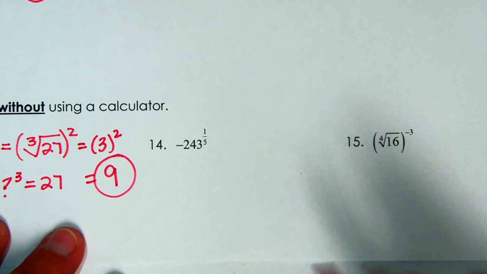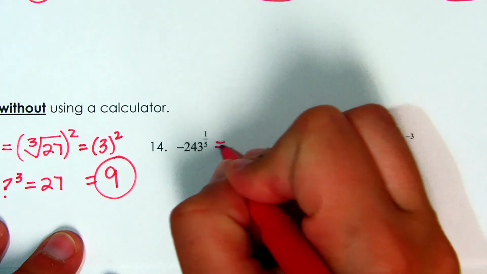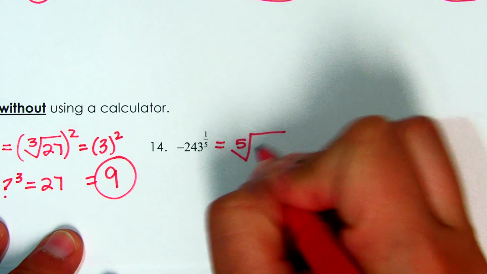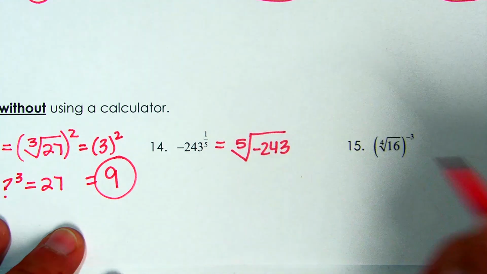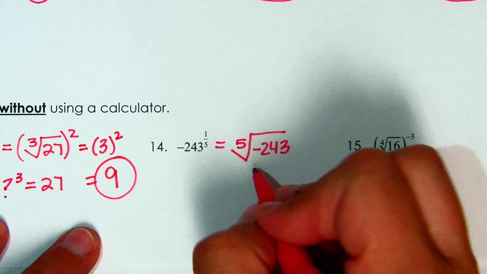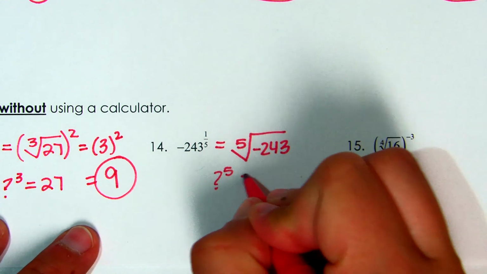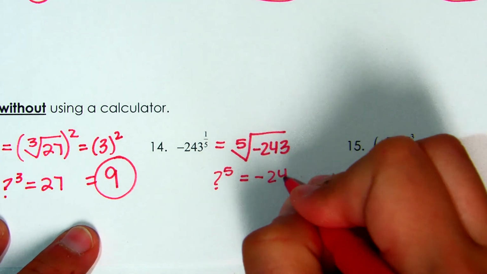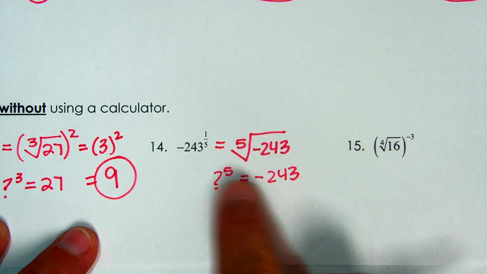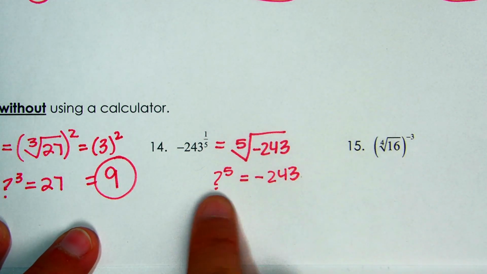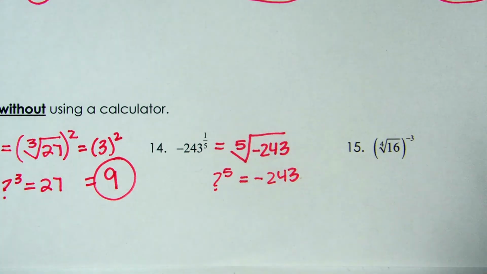Number 14. I'm going to rewrite it. The number on the bottom goes in the root. The 5th root of negative 243. So what to the 5th power is negative 243? In order to get a negative, the number that I'm looking for has to be negative. I could do negative 2, but negative 2 times itself 5 times is negative 32. That's too small. So let's try the next one, negative 3.